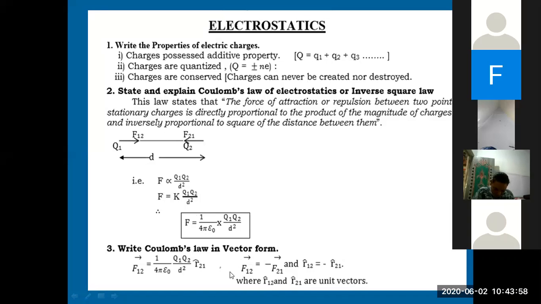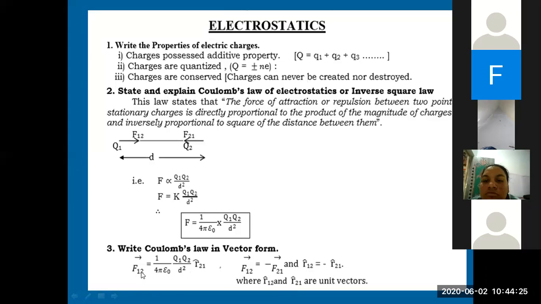The same thing if you have to write it in vector form. I'm going to express it as F12. That is, two forces we are having, Q1 and Q2. So we write it as F12. The same formula. F is equal to 1 divided by 4 pi epsilon naught Q1 Q2 divided by D square. What is remaining is your unit vector, that is R cap.